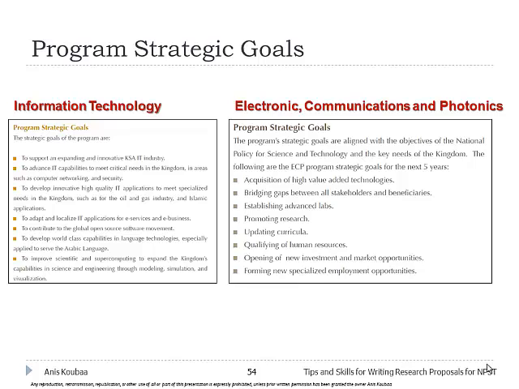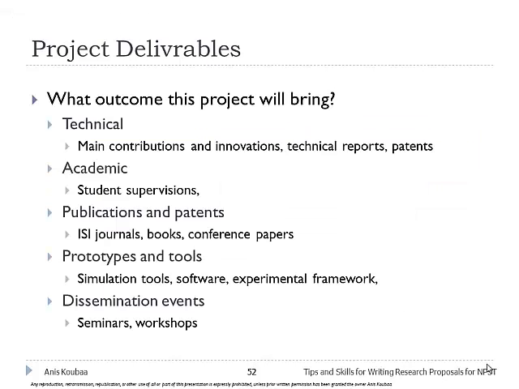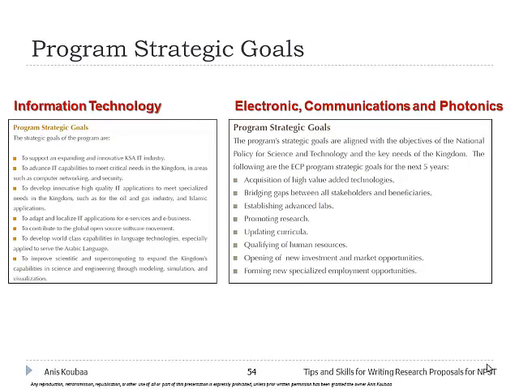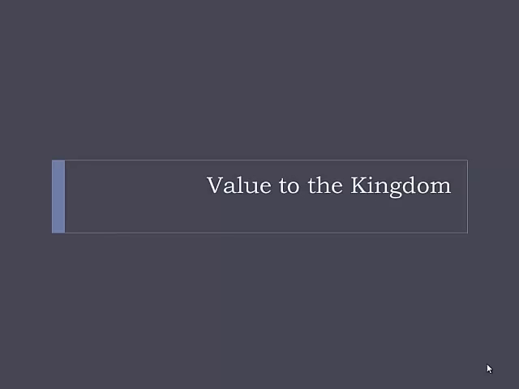So if your proposal is in information technology, you choose 3 of these strategic goals, and then from the expected outcomes you will provide in the project, make a mapping between 3 of these strategic goals and the outcomes of the project.